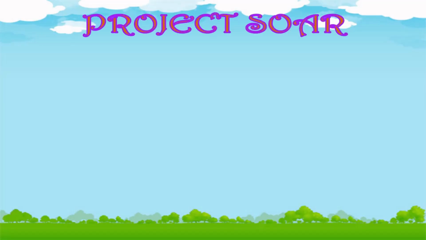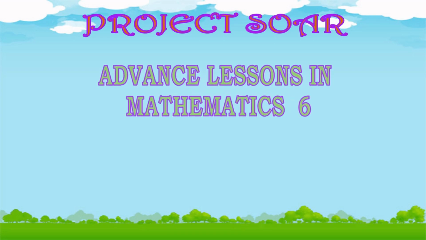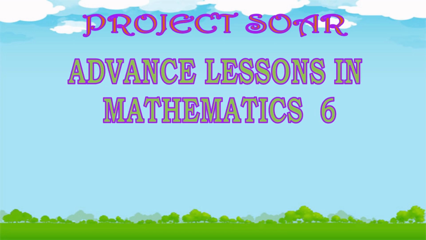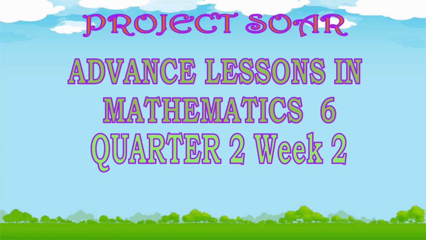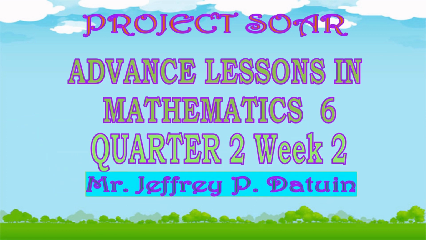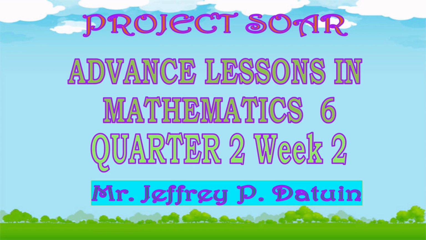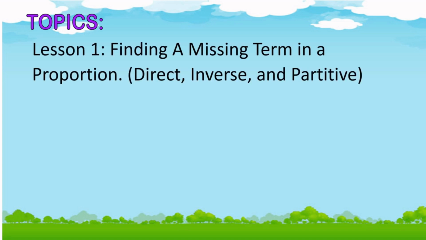Welcome again to Project SOAR, an advanced lesson in Mathematics 6, Quarter 2, Week 2. I'm Jeffrey P. Tatuin, Grade 6 Math teacher at Hulo Integrated School. Our topics for today: number 1, finding a missing term in a proportion, whether it is a direct, inverse, or partitive proportion.